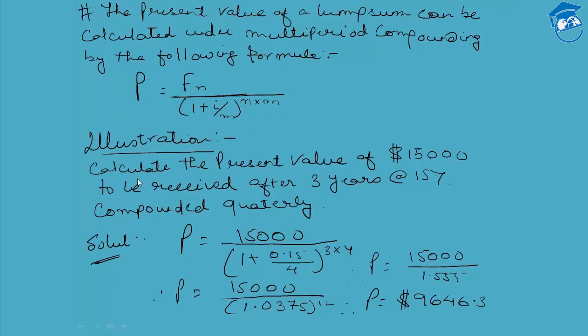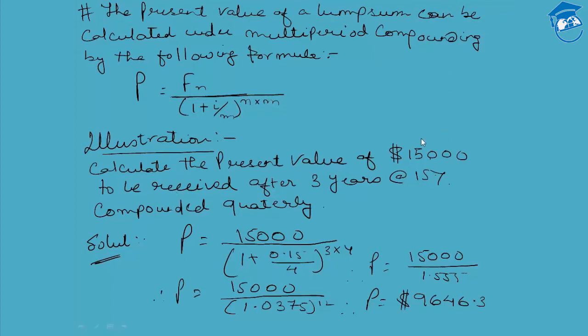The illustration says that calculate the present value of $15,000 to be received after 3 years at 15% compounded quarterly.